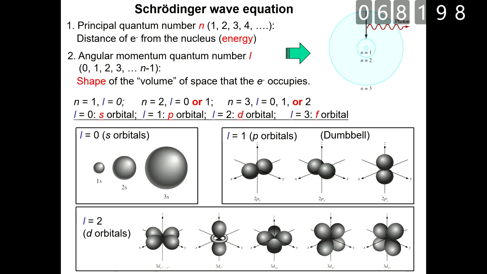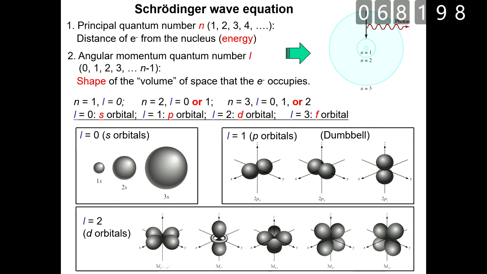But for example, when n equals 1, this means it only has one shape, right? Because the L can only be 0. So in this orbital, all electrons only have one shape.